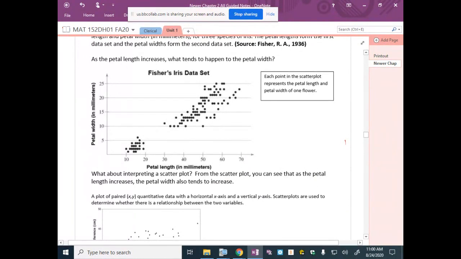Now, and I'm going to say this again at the end of the course, that's not going to mean that it's causation.